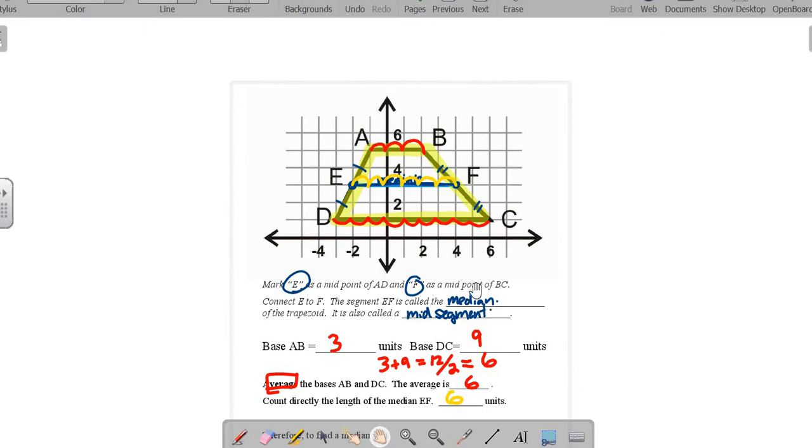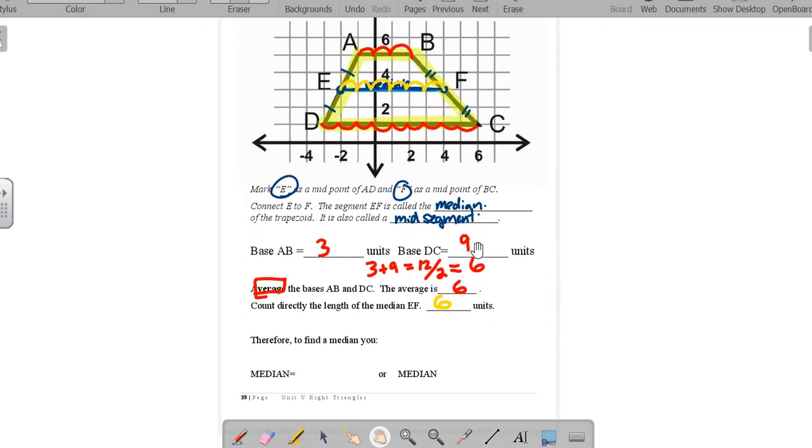So here is a very simplistic formula. The length of the median is simply the average of the bases. In formula form, you add the bases, first base, second base, and you simply divide by 2.